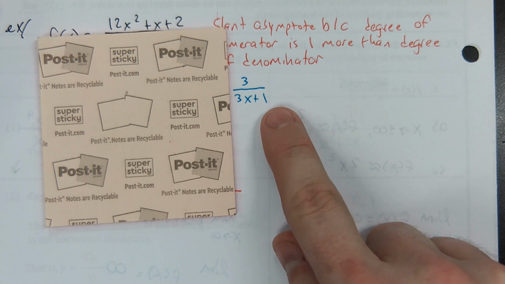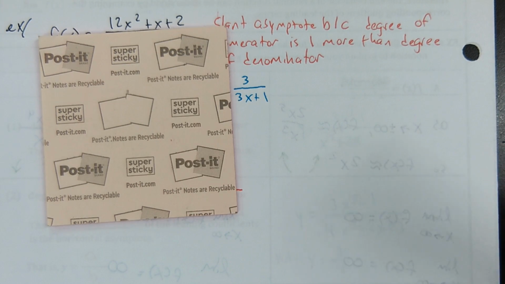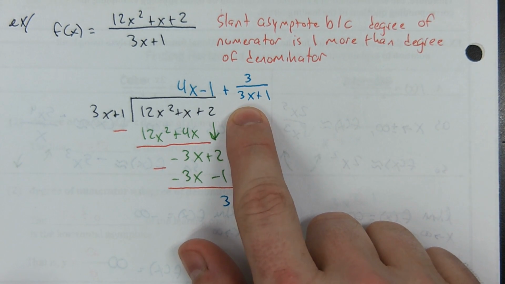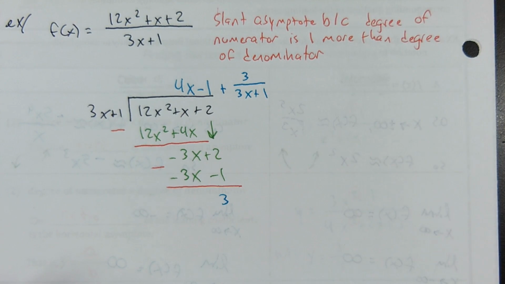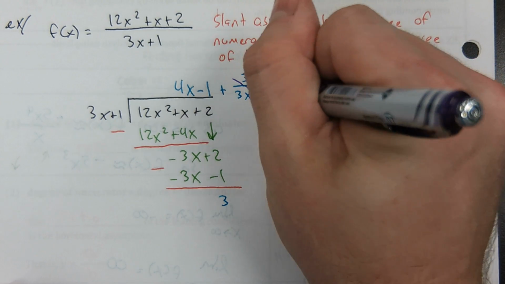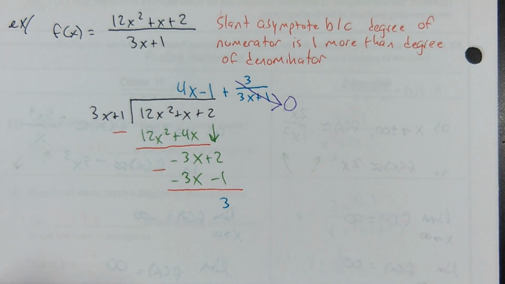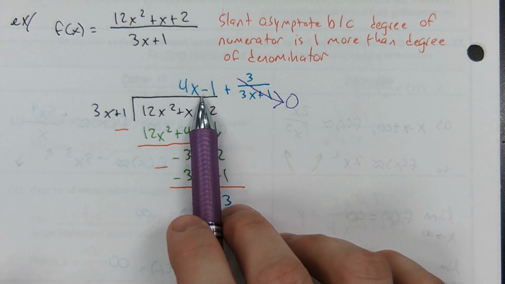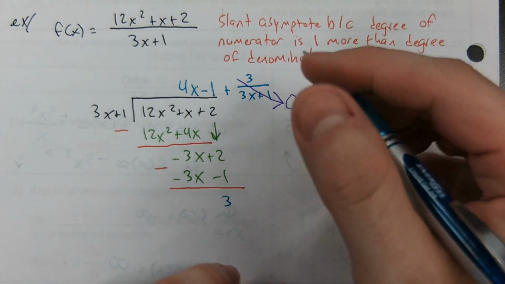So because we're talking about the end here, we're talking about letting x get catastrophically large, both positive and negative. The remainder of every end behavior asymptote will always go to 0. And what's left over is your actual end behavior asymptote, in this case, a slant asymptote.